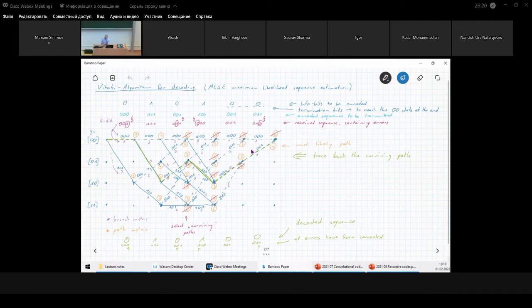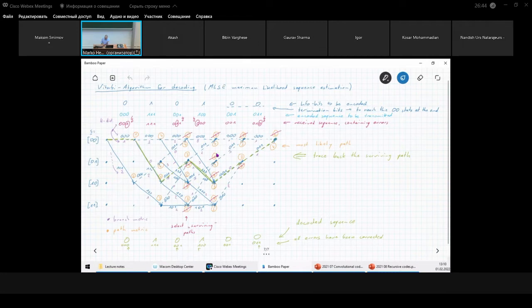Whereas if we would not have the termination bits, just imagine the last two steps missing here, we would have to do the trace back from here, which would actually be unique here. We would, of course, also select the path with the lowest path metric. We would do the trace back here from the 3.